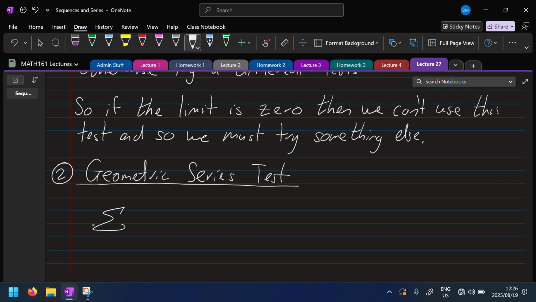It will be the sum, n equals 1 to infinity, of a r to the n minus 1, your normal high school series thing. So this converges if the ratio r is less than 1. If the absolute value of r is less than 1, then the series converges.